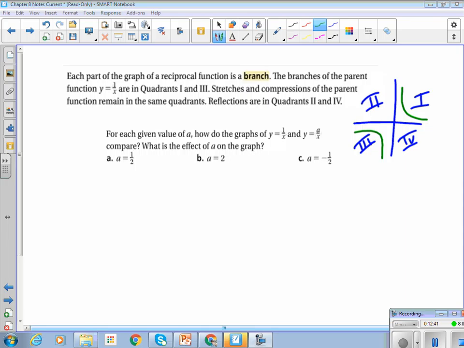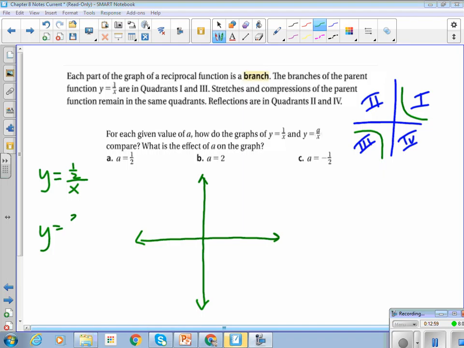Let's put these all on the same graph. So we're going to graph three graphs: y equals 1/2 over x, y equals 2 over x, and y equals negative 1/2 over x.